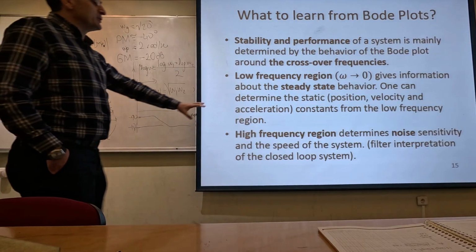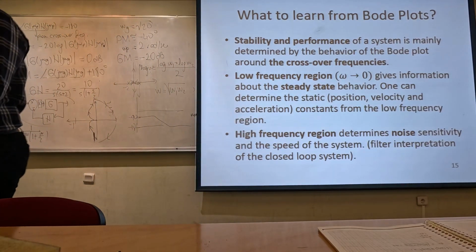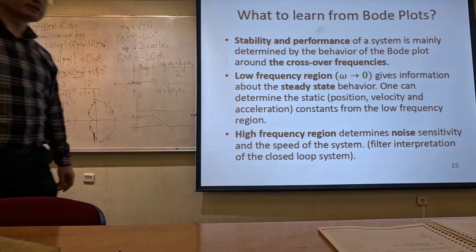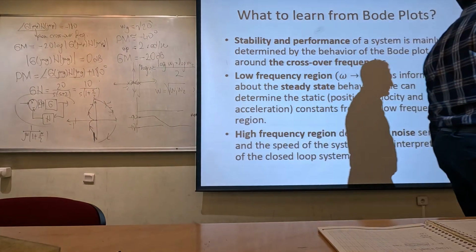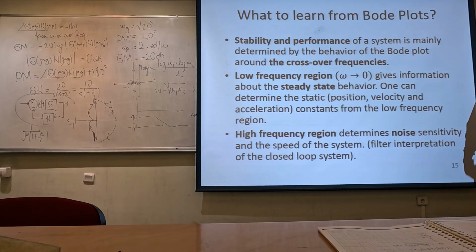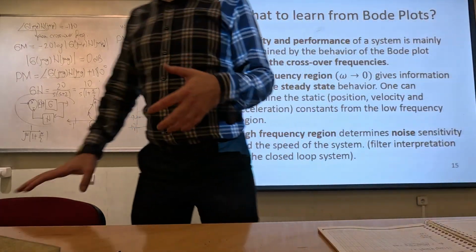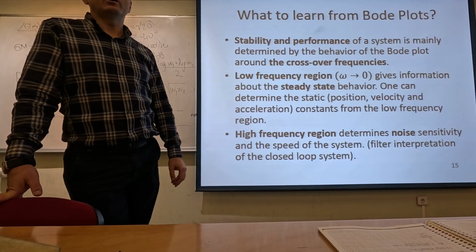And in general, when you concentrate on the high frequency region of a Bode plot, that is going to usually determine the noise sensitivity of the system. If you have high gains of a system at high frequencies, then that means that such a system would be quite bad under noise. Noise usually enters at high frequencies into our systems.